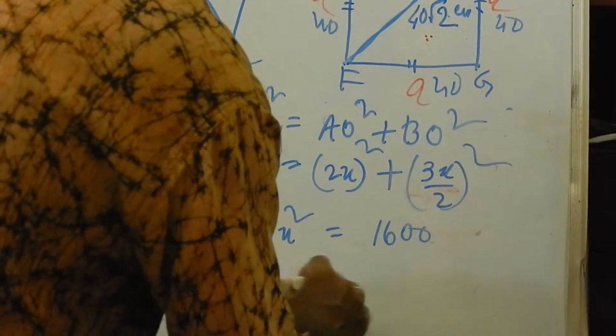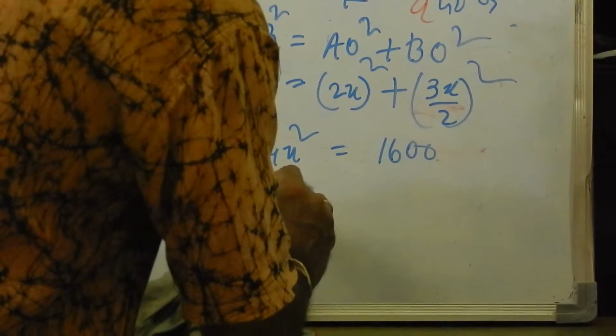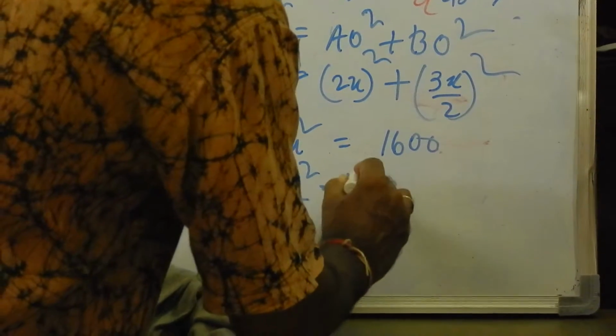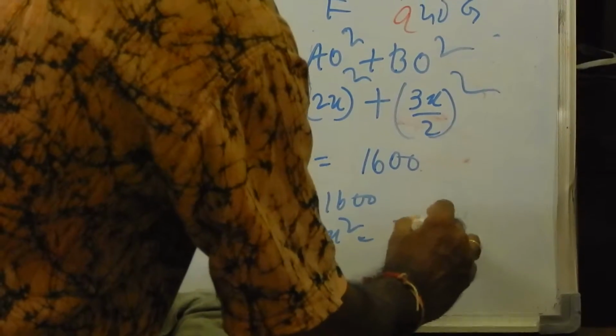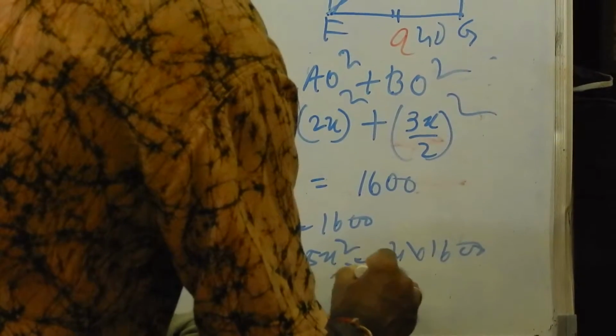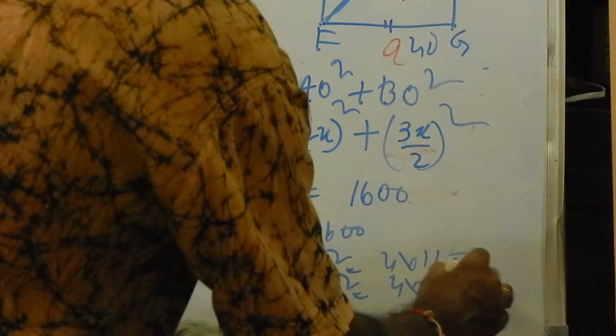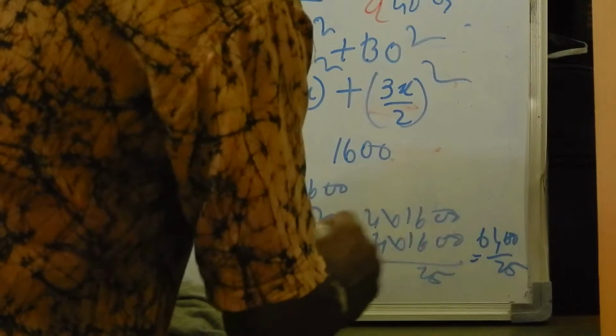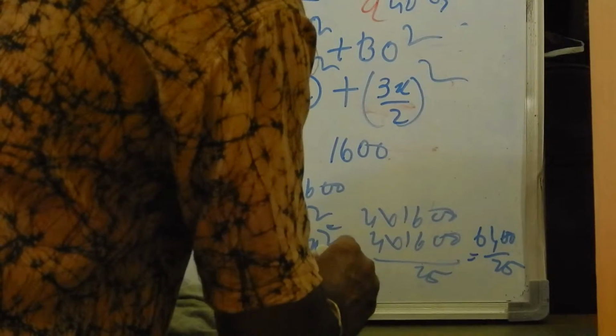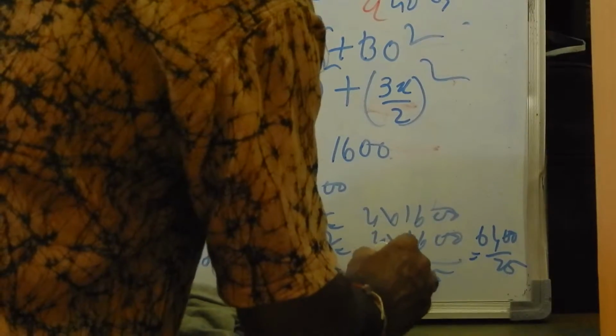Or 9x square plus 16x square equal to 1600 or 25x square equal to 4 into 1600 or x square equal to 4 into 1600 by 25, that is 6400 by 25, or x equal to root over 6400 by 25, that is 80 by 5, equal to 16 centimeter.